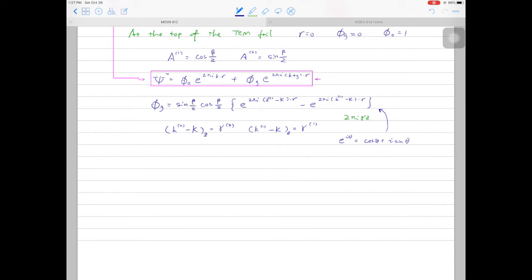this equation, you can get phi g is equal to i sine beta times sine pi z delta k e to the power of pi i s z, and delta k here is equal to the absolute value of k2 minus k1.